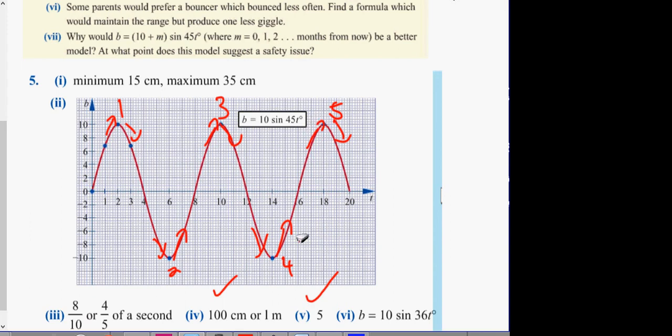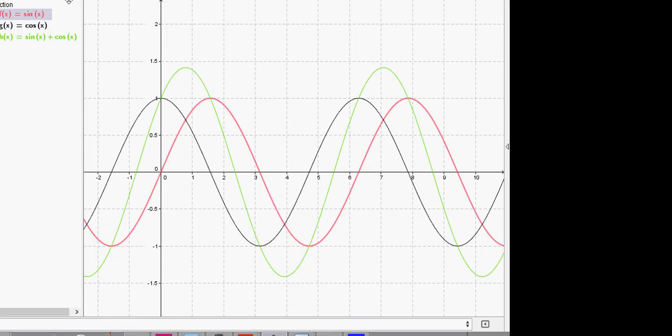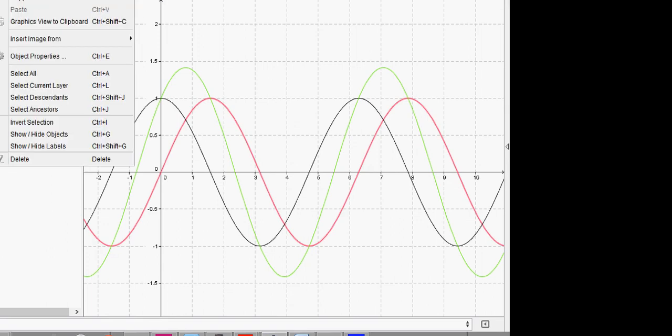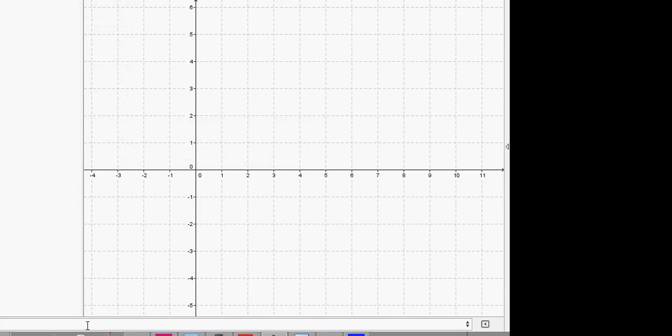Now, remember what I told you the other day. If I want to lengthen it out, what do I do? I'm just going to show you a quick example from the last day that will help me explain this question here. It's an example of a graph called y equals, was it sin x or cos x? Was it sin x, yeah?